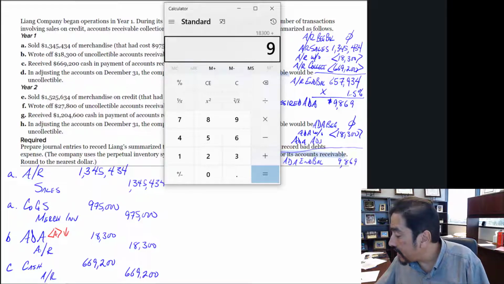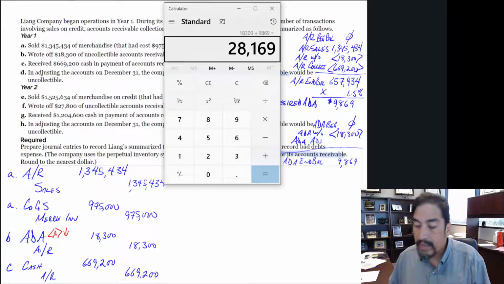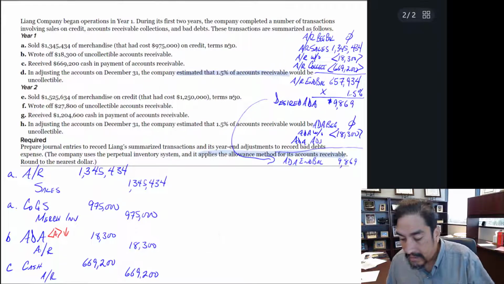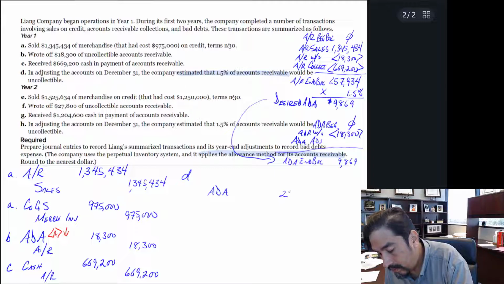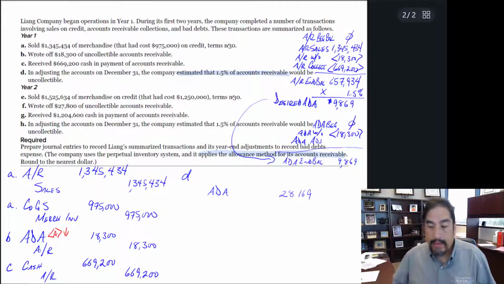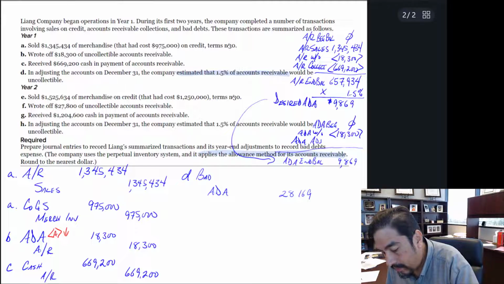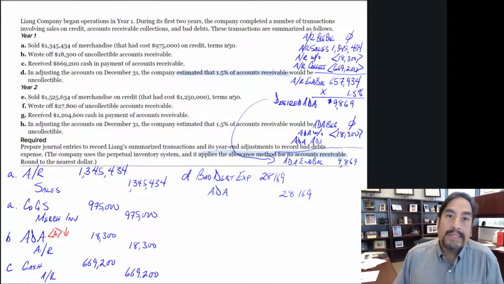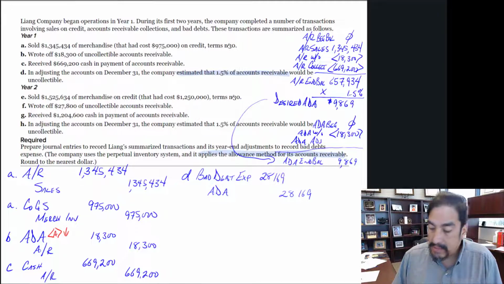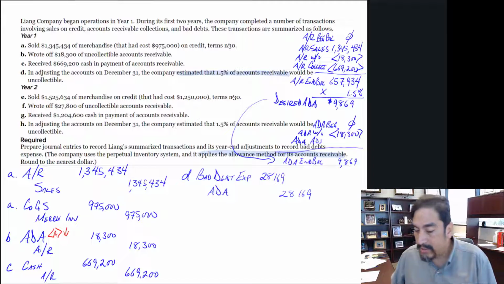18,300 and 9,869 is 28,169. $28,169 is our debit to bad debt expense and our credit to the ADA account.